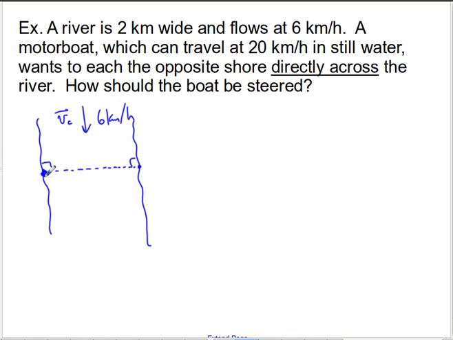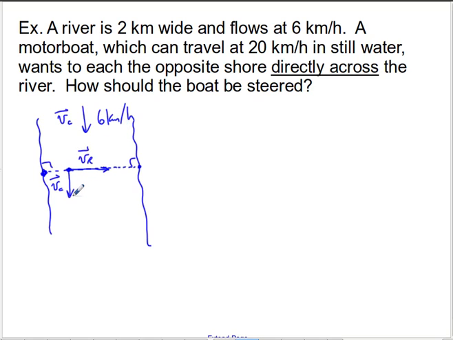Well, if you think about starting at any point on the river, let's imagine the boat has reached this part of the river. The current is going to be pushing the boat down the river, downstream. But I want my resultant to be across the river. So there is the velocity of my current, and I know I want my resultant to be here across the river.